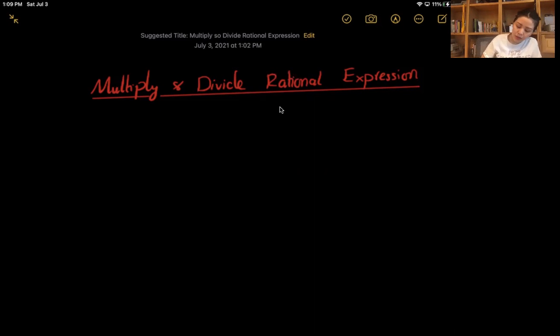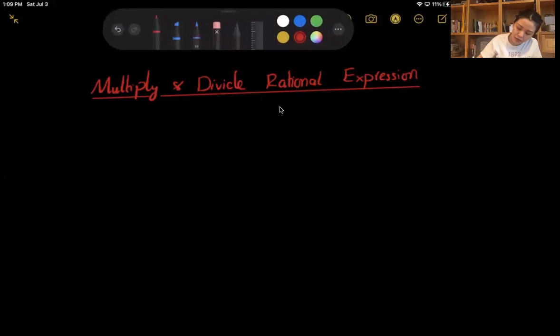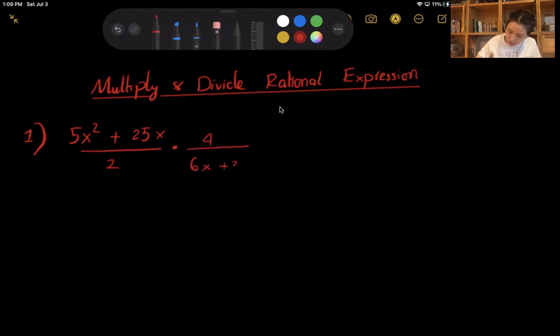Okay, so suppose I have 5x squared plus 25x divided by 2, and I want to multiply by the following fraction, 4 divided by 6x plus 30.